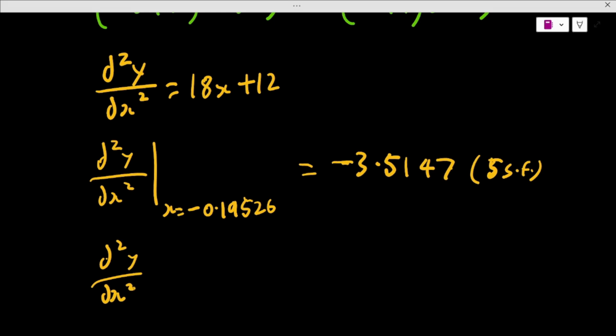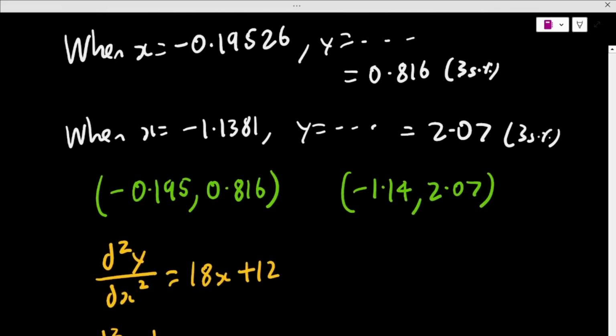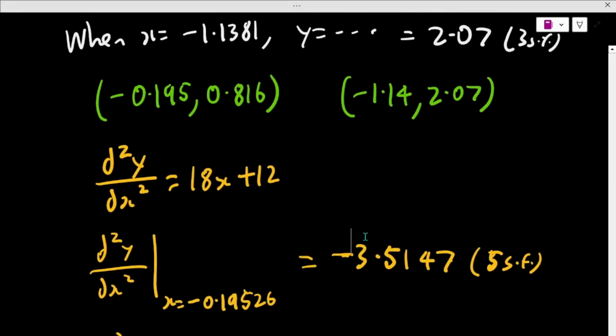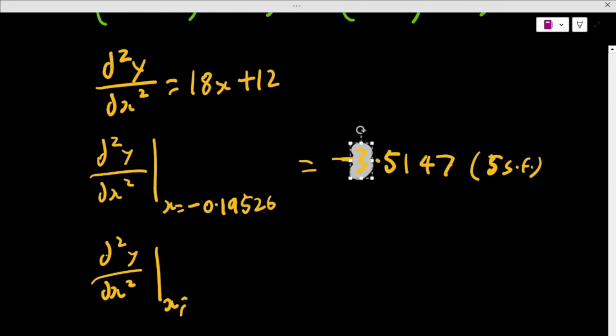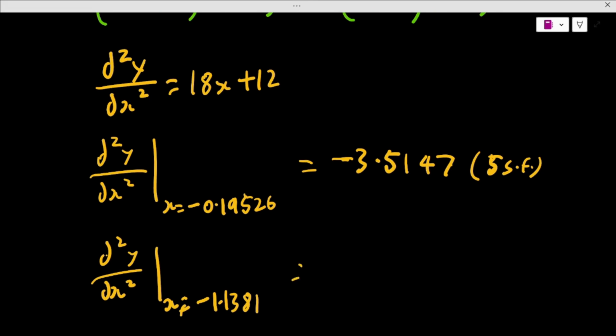And then for the other case, when x is negative 1.1381, oh, sorry, made an error, I forgot to add 12. There we go.